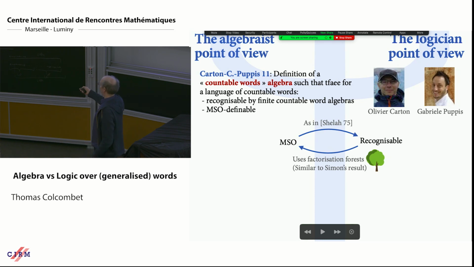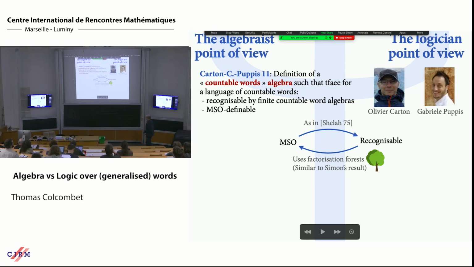And so here we use an extension of this factorization forest theorem, which I remind you, which has been extended to infinite linear orders. And so it gives you an induction parameter for constructing your MSO formula.